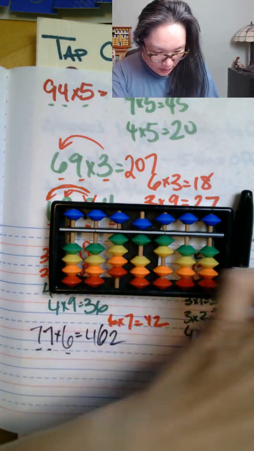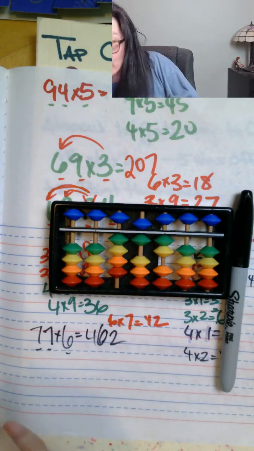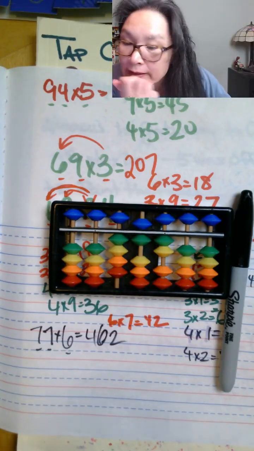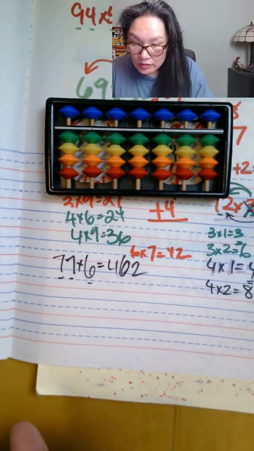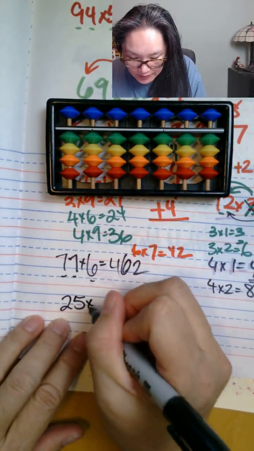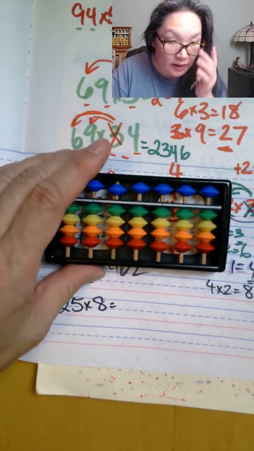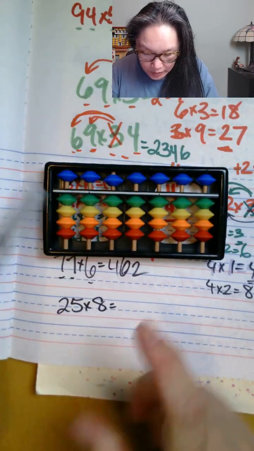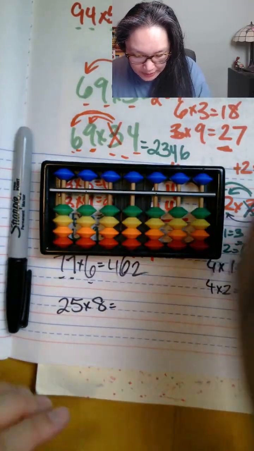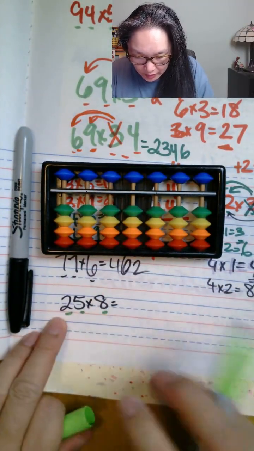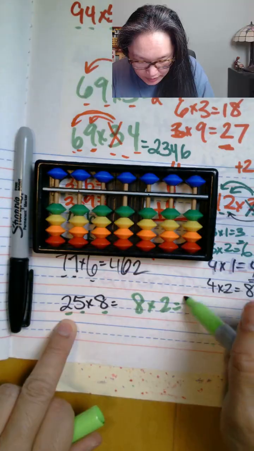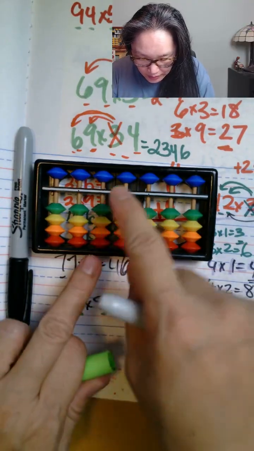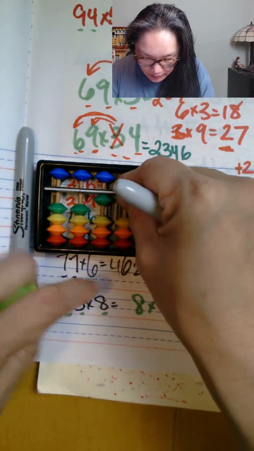Okay. You want more multiplication? We could do double digits. Oh, we can do this one. We can do 25 times 8. So again, it's the same thing. What we're going to do is count our digits. So we count our digits 1, 2, 3. And we do 8 times 2 is equal to 16. So we add 1 and we add our 6.